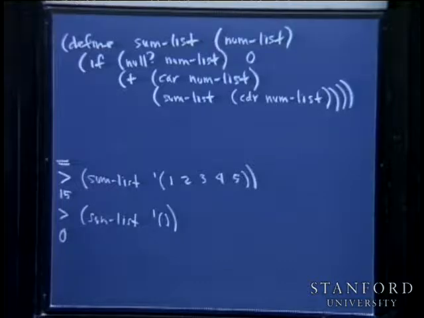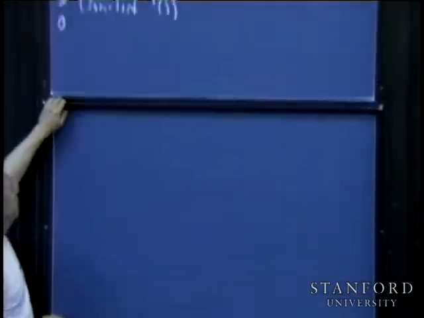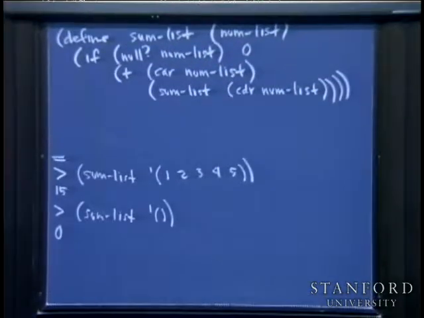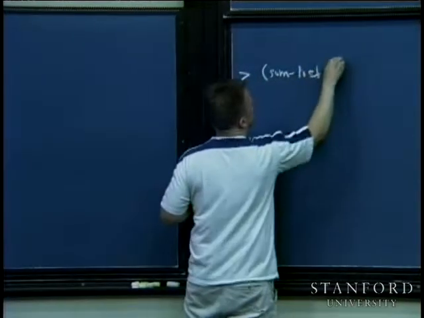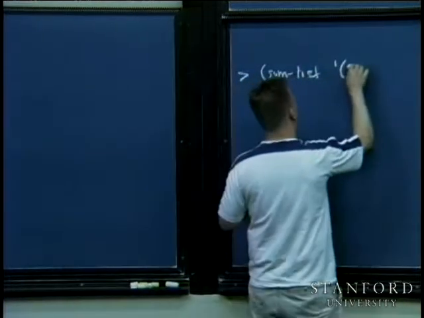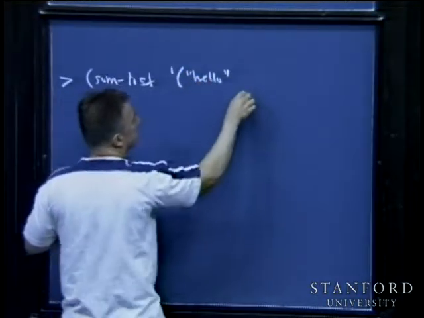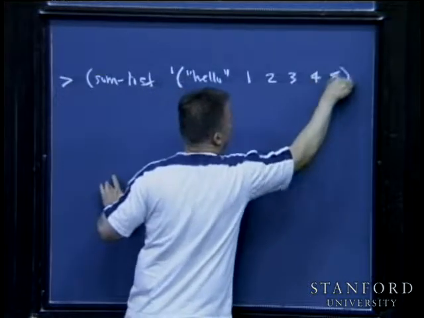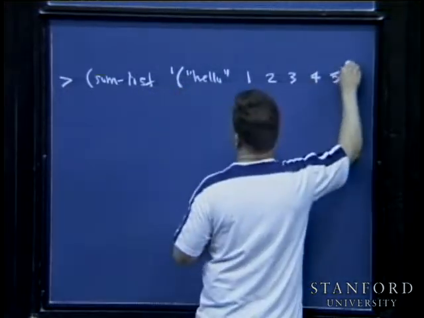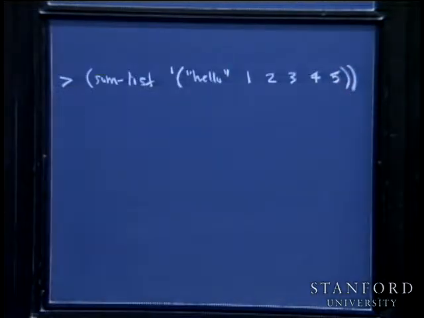What I want to point out here is what's interesting about Scheme. If you were to type in a request at the command prompt to sum-list, and you did hello, 1, 2, 3, 4, 5, just like that, it is going to fail.